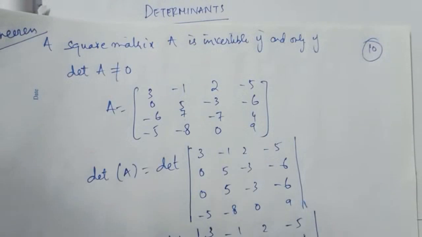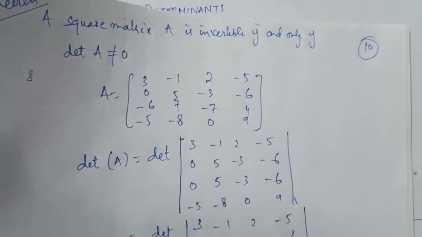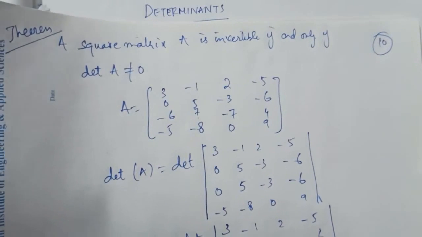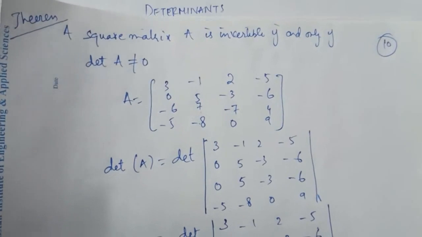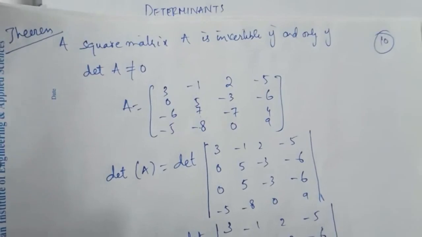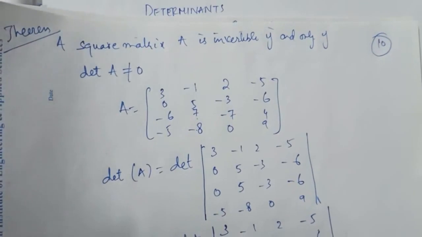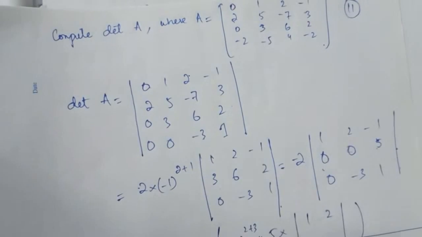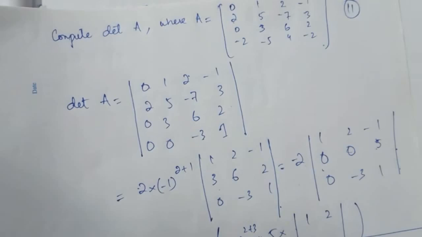Similarly, we said that a square matrix A is invertible if and only if the determinant of A is not equal to 0. We'll talk about a few portions of invertibility in this lecture, and hopefully in the coming lecture we'll talk about it at length, with a detailed view of the invertibility of the matrix A, right?